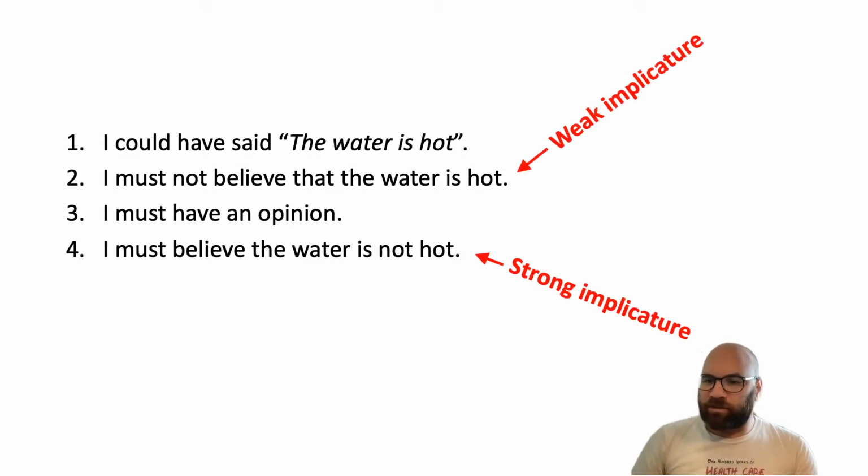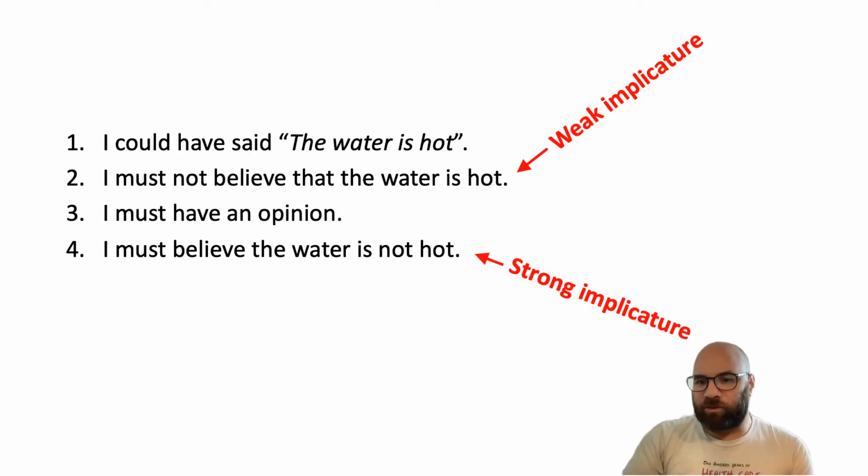So there's actually 2 different implicatures that come up when I say the water is warm. The first one is when you think I must not believe that the water is hot. That's sometimes called a weak implicature, right? Because it rules out one belief, but it doesn't make a strong case about what I believe or not. The second implicature that comes up is the one that I believe the water is not hot.